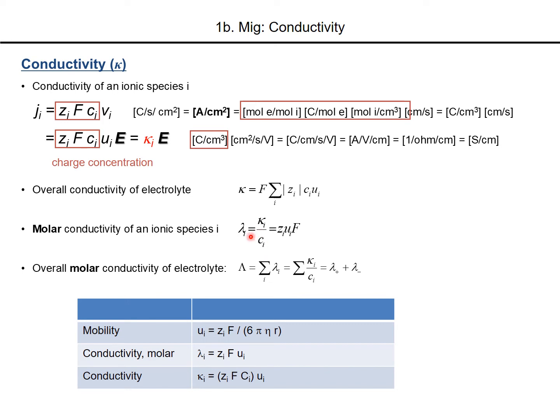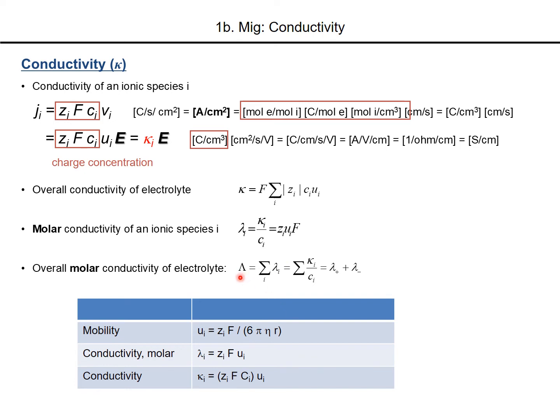So lambda i is proportional to charge and mobility, u i. Overall molar conductivity of electrolyte is capital lambda, which is obtained by summing all the molar conductivity of species i for all species.